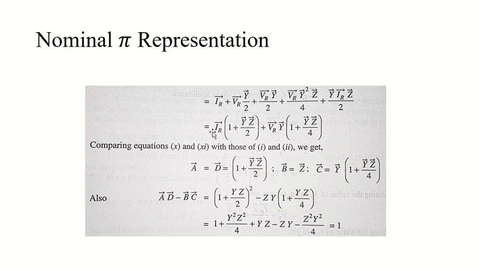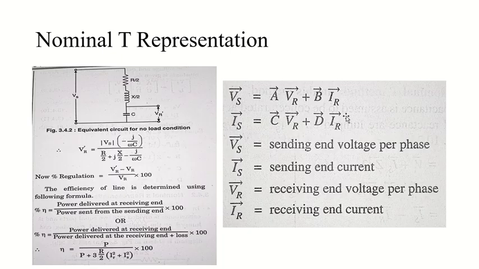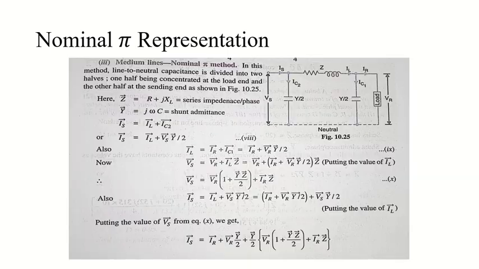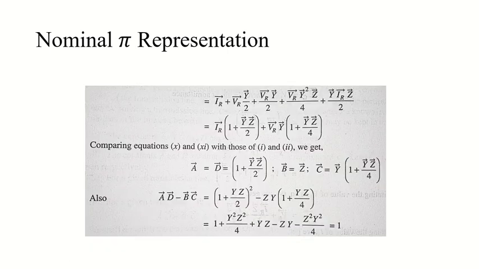Now we have formed it in a manner pretty much similar to this one. Let me get back to that again. This one. The multiple of VR will be A in the equation of Vs, and the multiple of IR will be B in the equation of Vs. So coming back to that, what was the multiple of VR, and what is the multiple of IR?